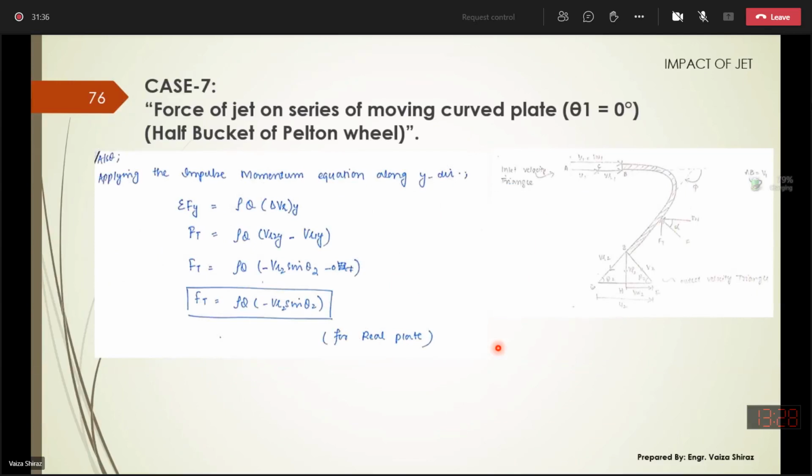अगर आपको थोड़ा सा रिकॉल है, Fn is only used to find out the efficiency and the work done. You are not using Ft or F to calculate the efficiency. इसका रीजन सिर्फ यही है that Fn is the force which is contributing to the movement of the bucket.